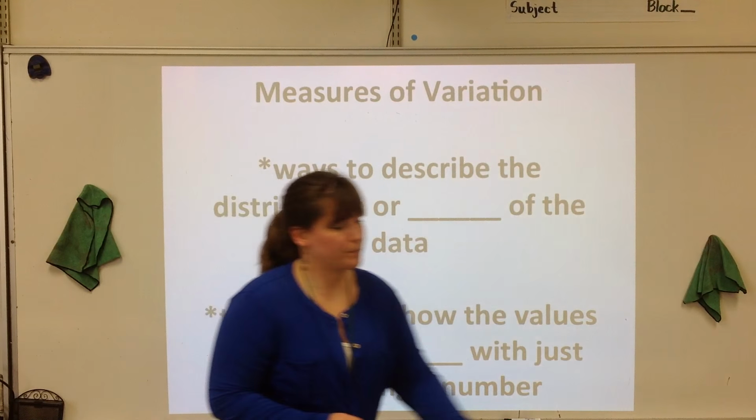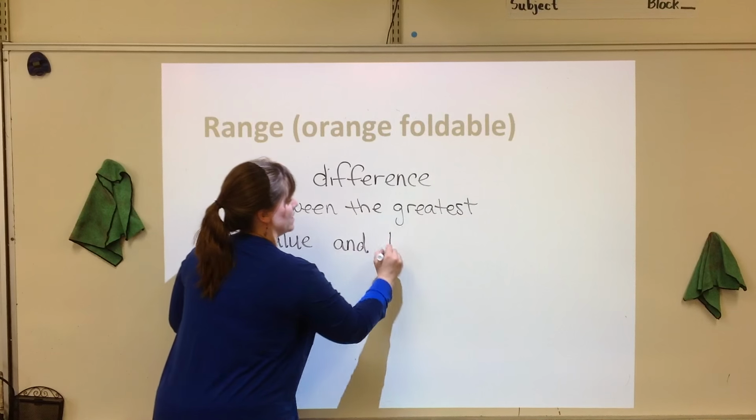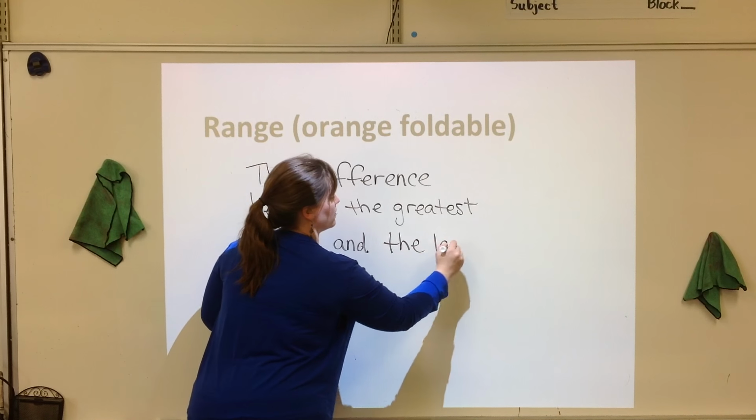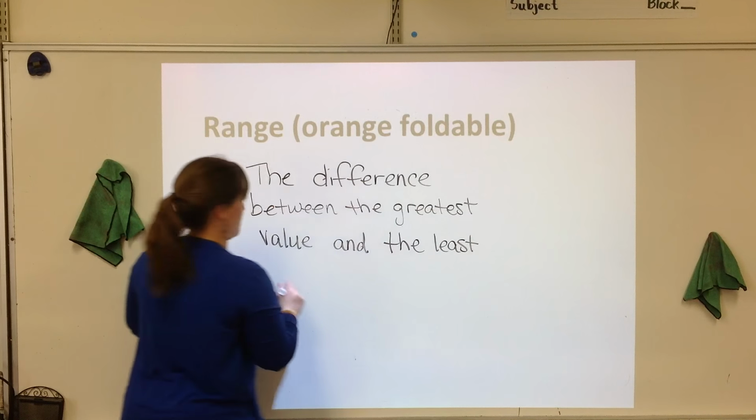It's the difference, and difference is a key word we've seen before. It means subtract, so we're going to have to subtract, and it's the difference between the greatest value and the least value.